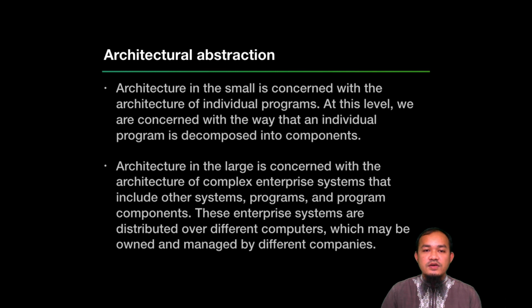Architectural abstraction: architecture in the small is concerned with the architecture of an individual program. At this level, we are concerned with the way that an individual program is decomposed into components. There are architecture in the large and in the small. If we talk about small architecture, in a small application, we are talking about decomposition into components of the application.